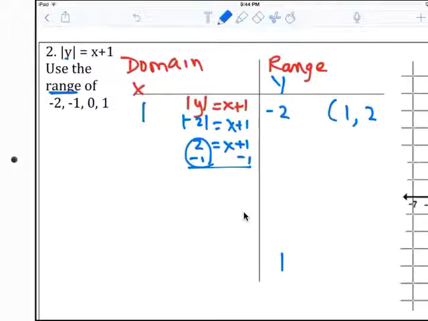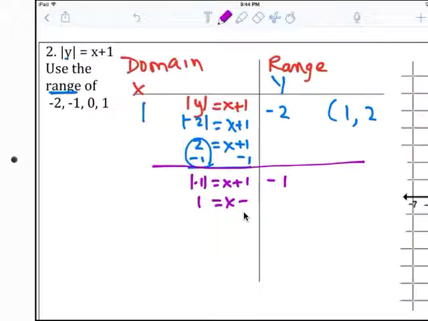Next number is -1. I'll use another color. The absolute value of -1 equals x plus 1. 1 equals x plus 1. Subtract 1. X equals 0. So 0, -1.